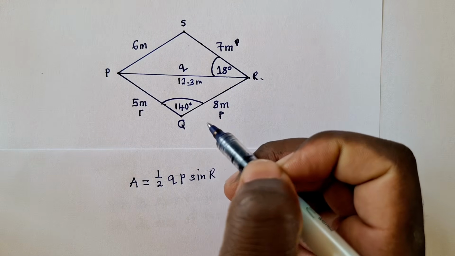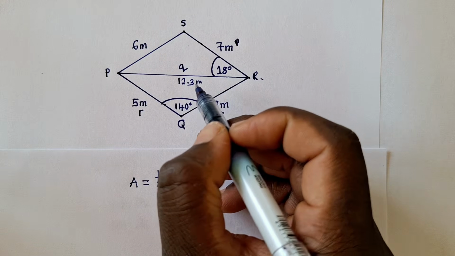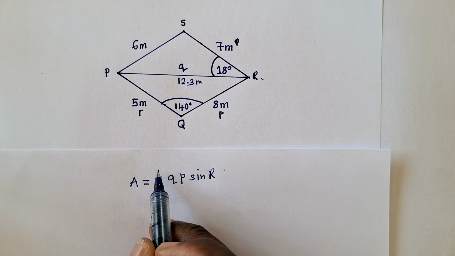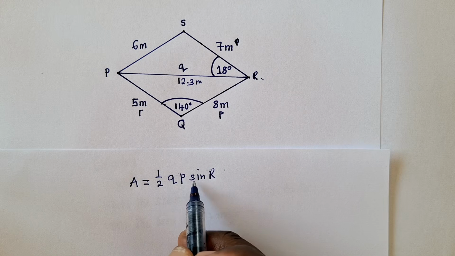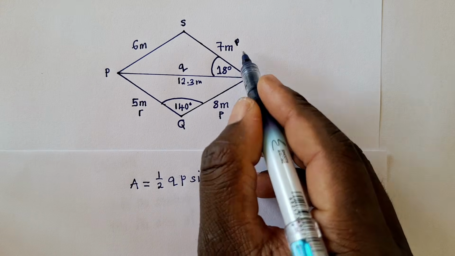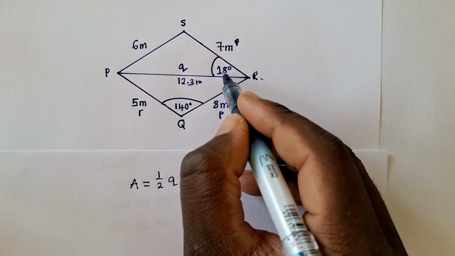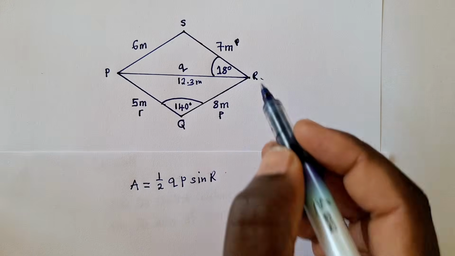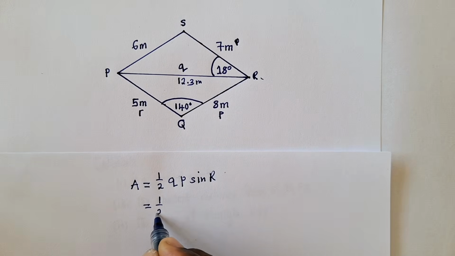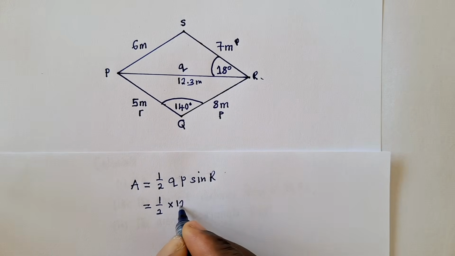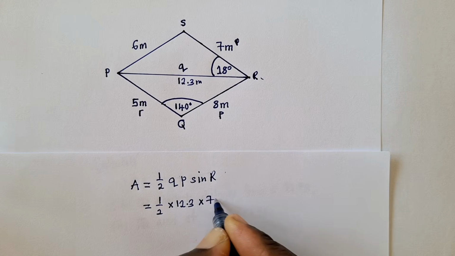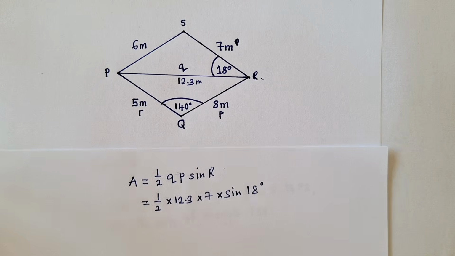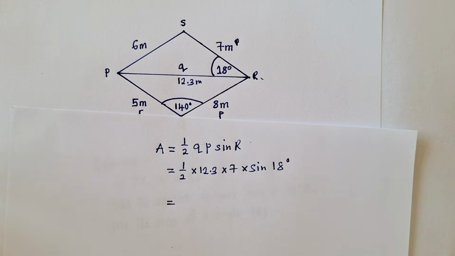So what we do normally when finding area of a non-right angle triangle, we multiply these two sides. So q times p. First we start with 1 over 2 q times p sine capital letter, the included angle, which is capital letter R, this included angle. And when we say included angle, we mean this angle has got this side and this side. So we can say 1 over 2 times, what is our q? It's 12.3 times 7 times sine capital letter R, it's 18 degrees. Okay, so we can punch everything on our calculator.